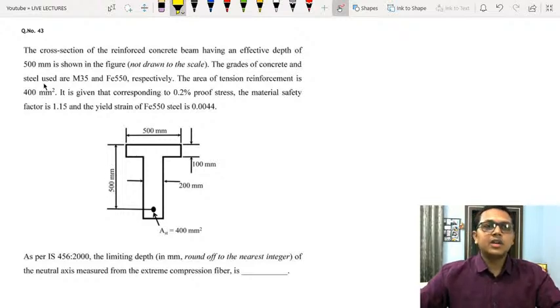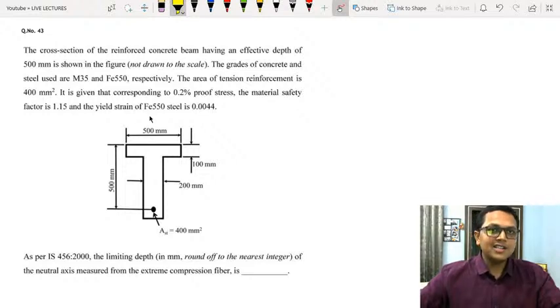The grade of the concrete and the steel used are M35 and Fe550. The area of the tension reinforcement is 400 mm square. It is given that corresponding to 0.2% proof stress, the material safety factor is 1.15 and the yield strain of Fe550 steel is 0.0044.